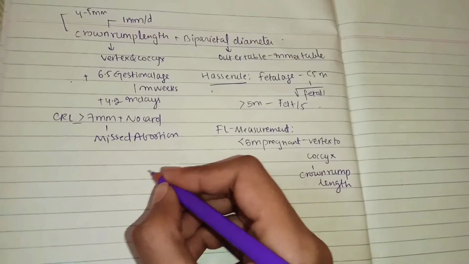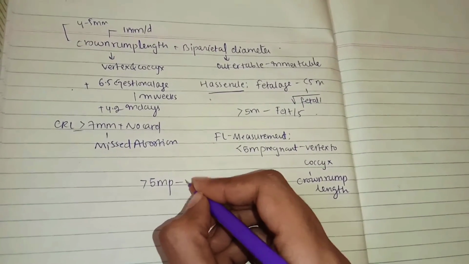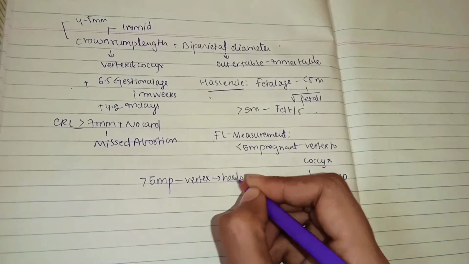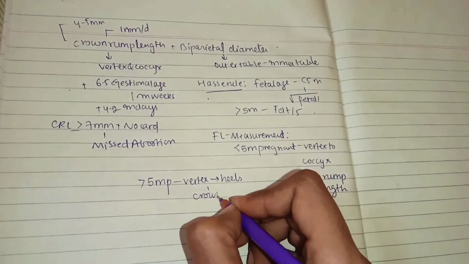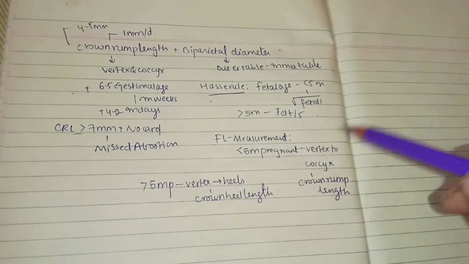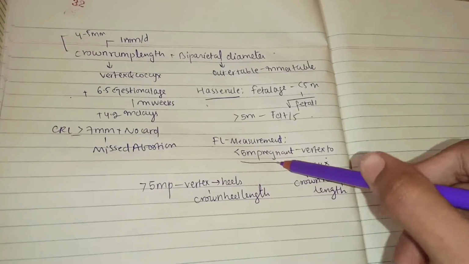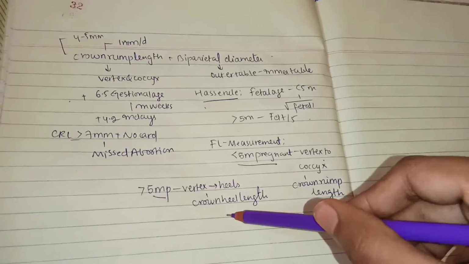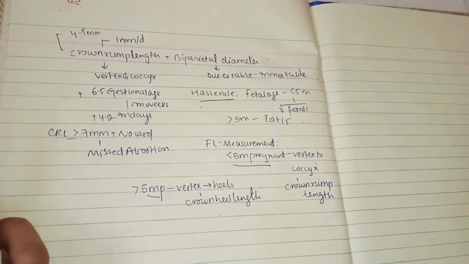If it is greater than 5 months pregnant, then you take the measurement from vertex to heels, and this is called crown heel length. So what is crown rump length? From vertex to coccyx, if it is less than 5 months pregnant. If greater than 5 months, then vertex to heels, that is called crown heel length. So now coming to assessment of fetal weight and fetal growth.